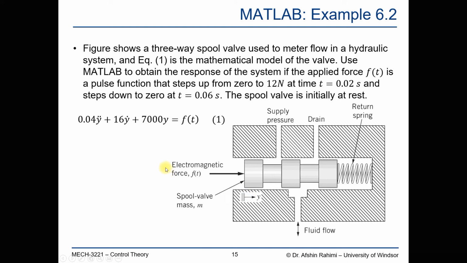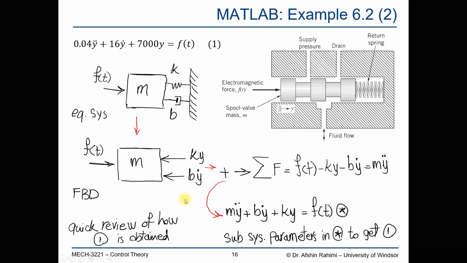Now, quickly to see how the system equation or system model is obtained, we have a mass spring damper system and we have an input. So in the free body diagram, we have a mass, the force from the spring and the friction, that is our damper. And then we have the input Ft.